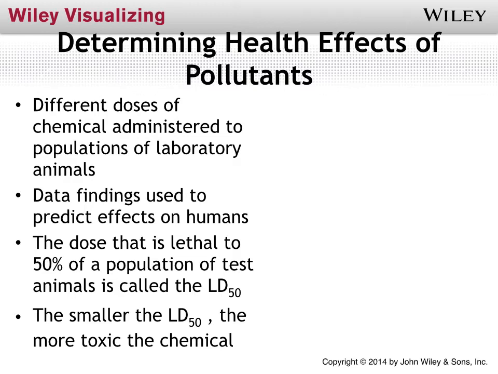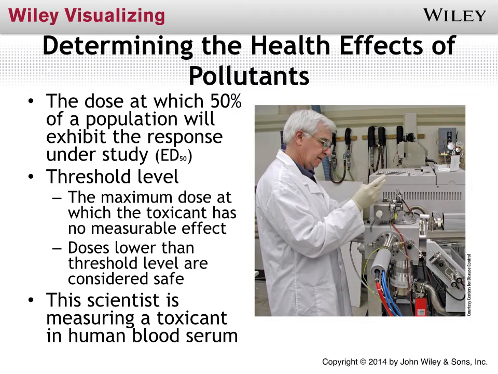And if you think about it, the smaller the LD50 for a chemical, the more toxic that chemical is. If it takes a smaller dose to kill half of the population, then clearly that is a chemical that is much more toxic than a chemical that takes a much larger dose to kill half of a population.